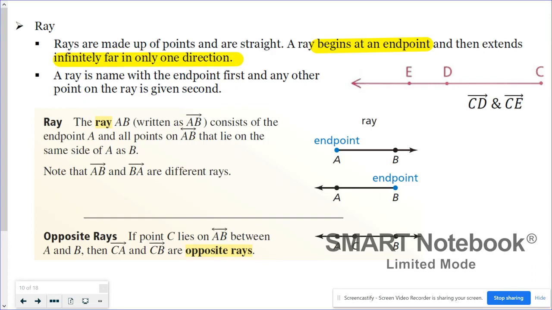That's where the part segment and part line come from. A ray is named with the endpoint first, and any other point on the ray is given second. So the order of our two letters when we name rays is very important, because if we switch them up, we're talking about a different ray altogether, and that's best illustrated here.